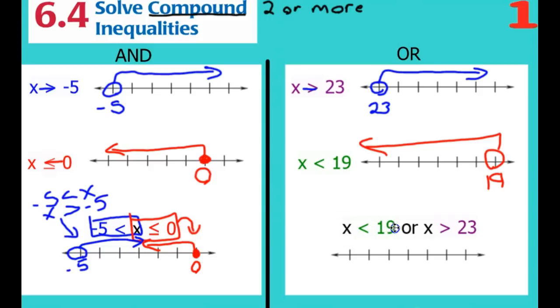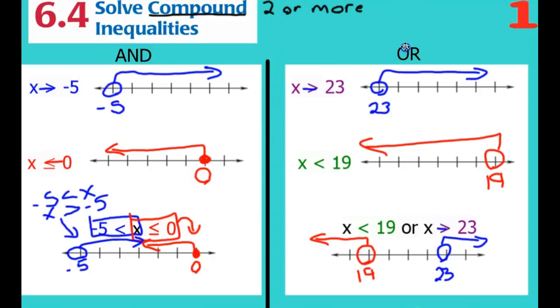Now we can graph these both just like this. We have x is less than 19, so we can put an open circle here to the left. This is 19, and x is greater than 23. So an open circle, 23, pointing to the right.